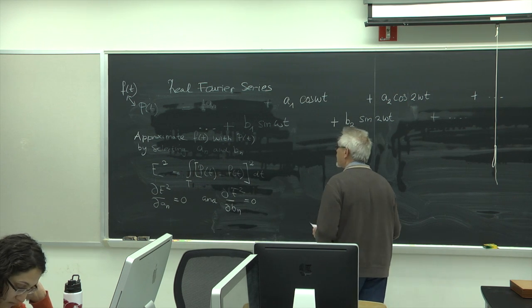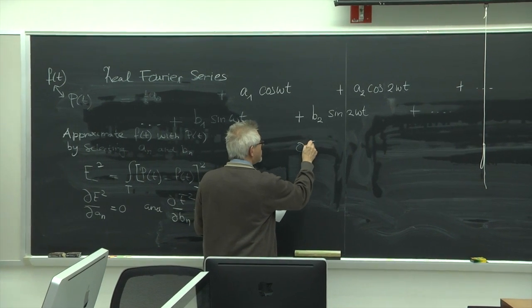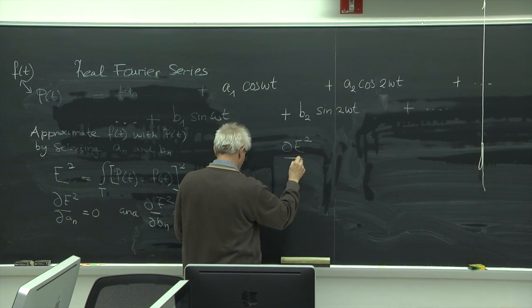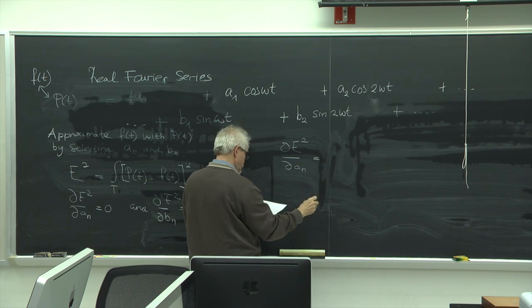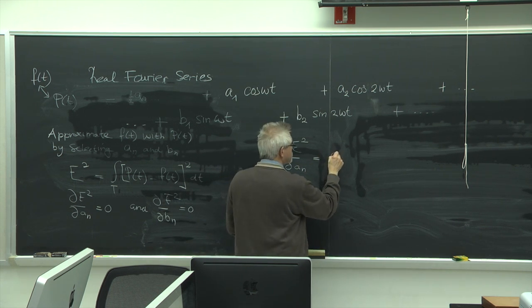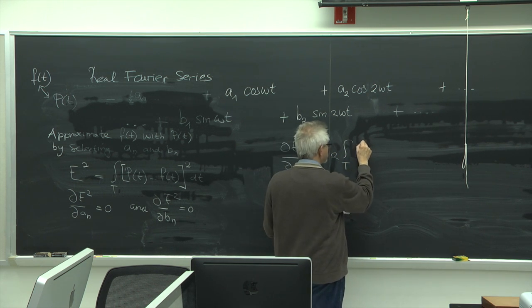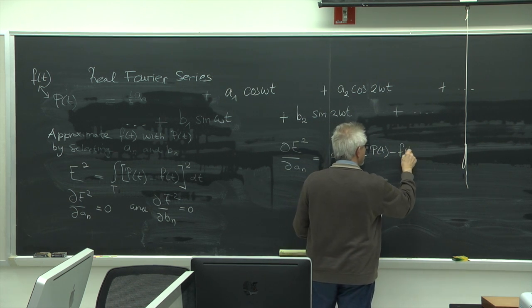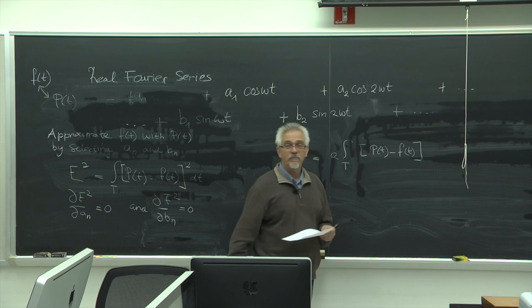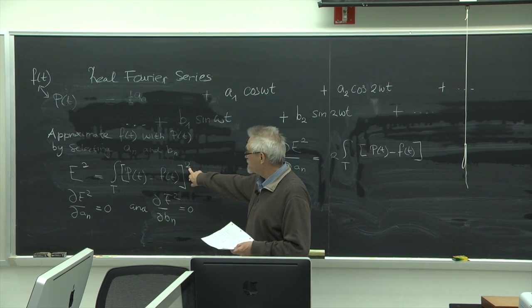So what would that look like? Well, in that case, I would get, now I will have to apply the chain rule. I have to take the derivative of this expression.